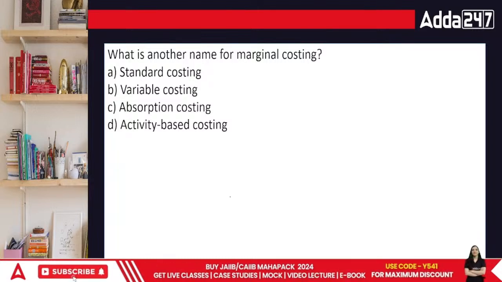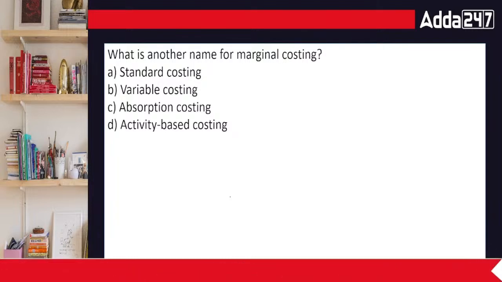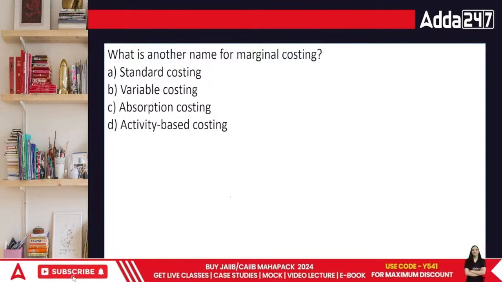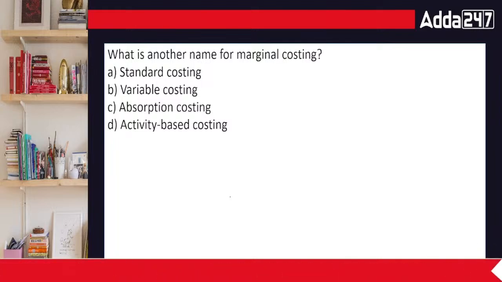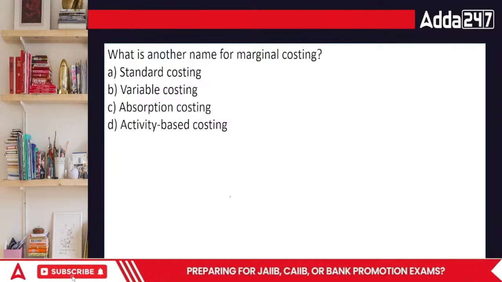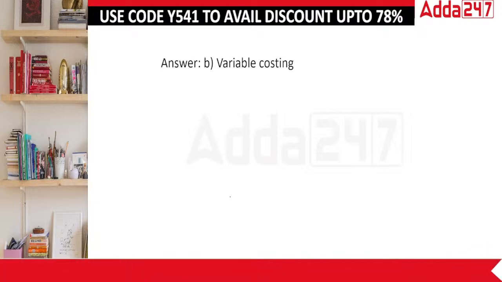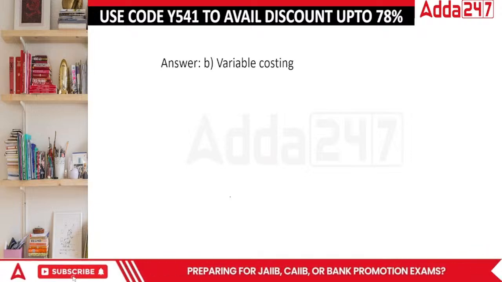What's going to be the answer? That would be variable costing. We've done this part earlier as well. That is variable costing, because marginal and variable are the same thing.